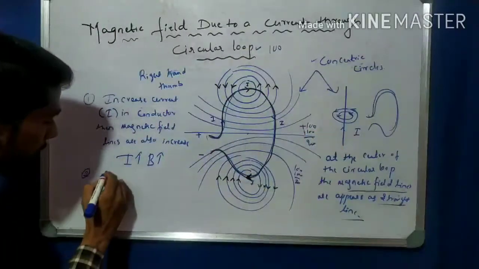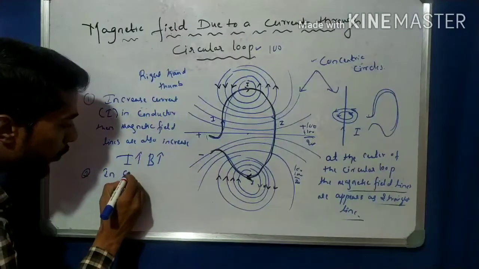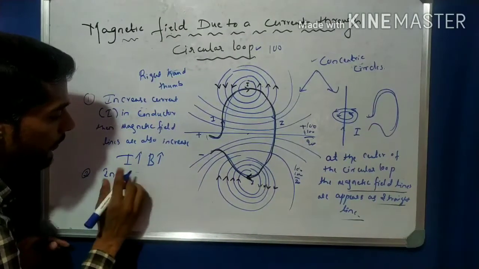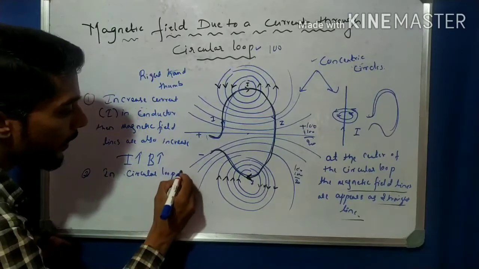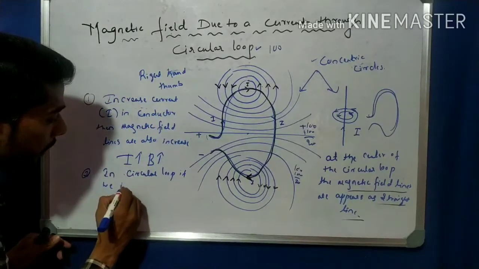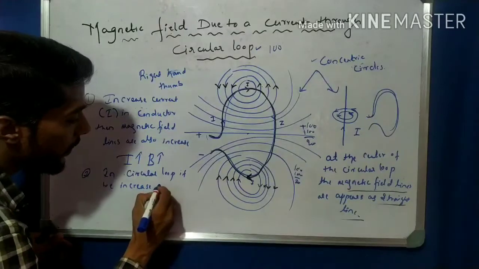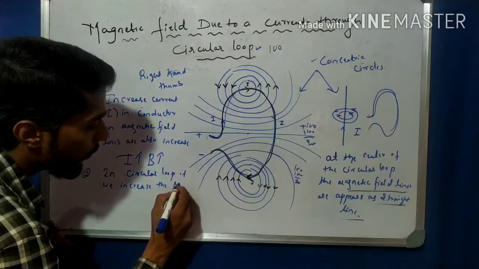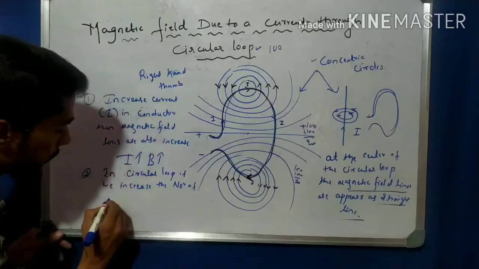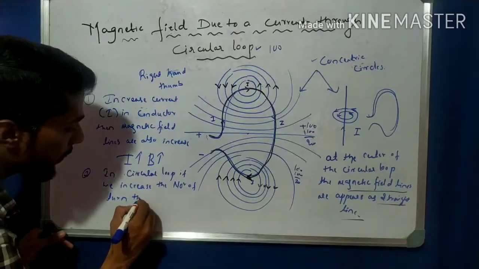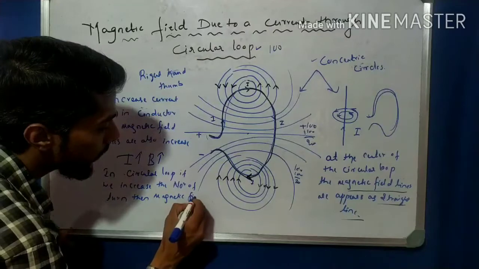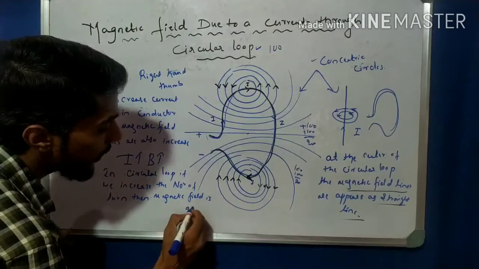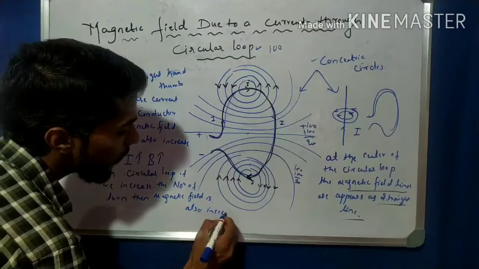So in the circular loop, if we increase the number of turns, then the magnetic field also increases. Why?